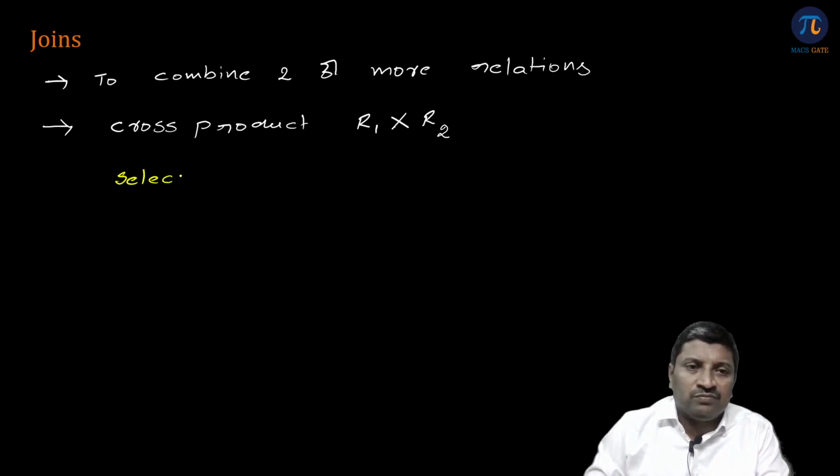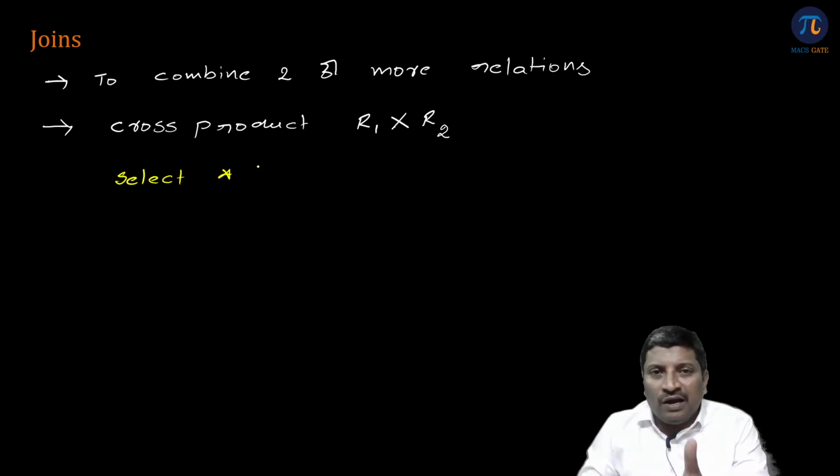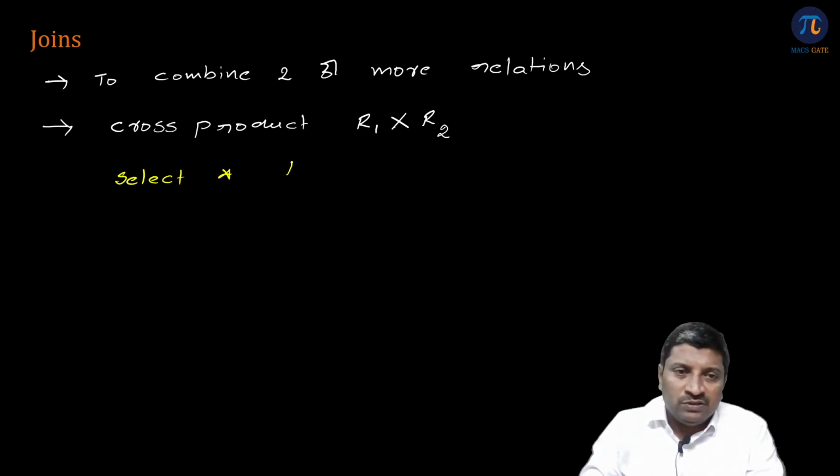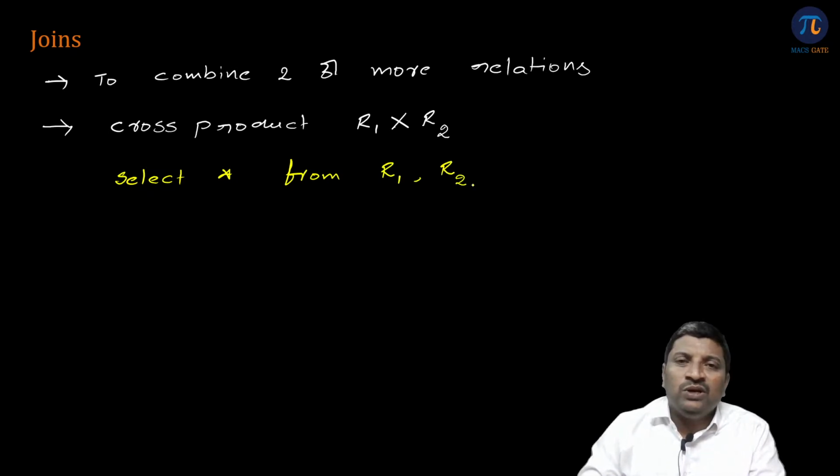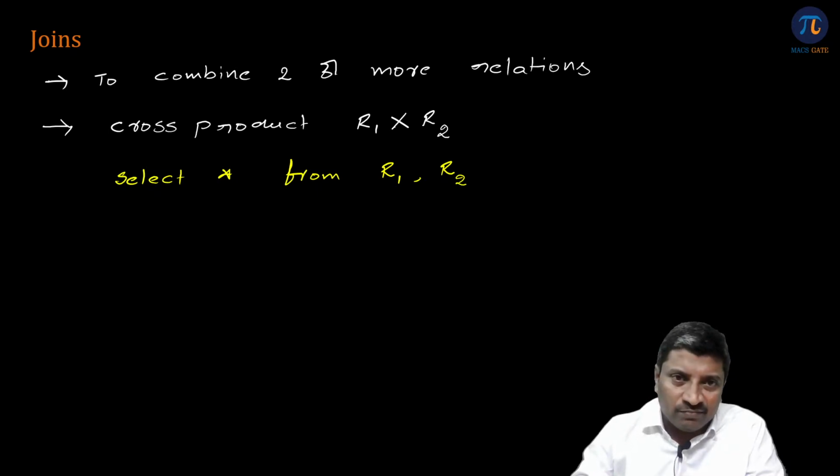Select star, star means all the attributes of R1 followed by R2, from R1, comma R2. No need to specify any keyword for cross product.